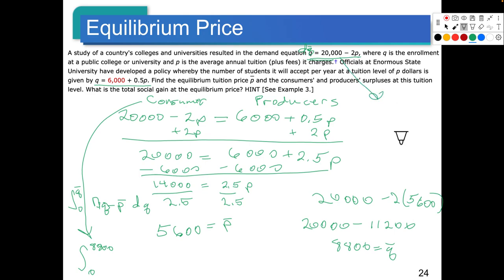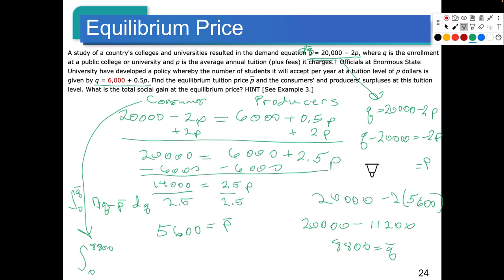In both cases, since we've got Q equals this function with P, we need to solve it for P. Since we need D of Q, we need to plug in the Q to get the P. So again, Q minus 20,000 equals minus 2P, divide by negative 2.